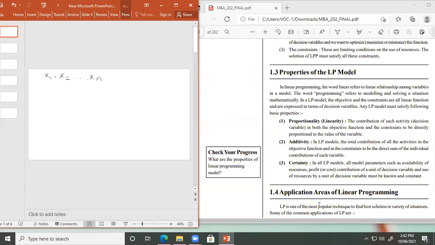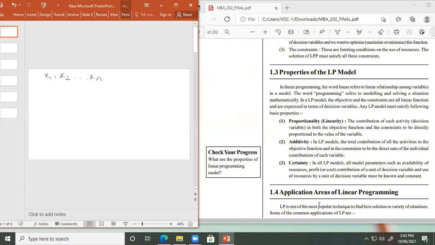So it is a linear relationship among variables to solve the situation mathematically. There are the following basic properties: proportionality, linearity.